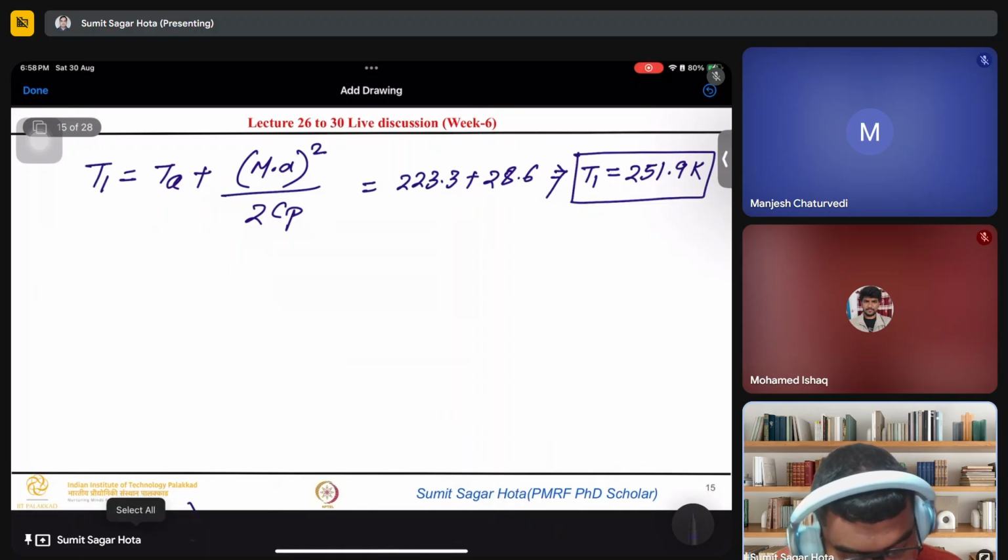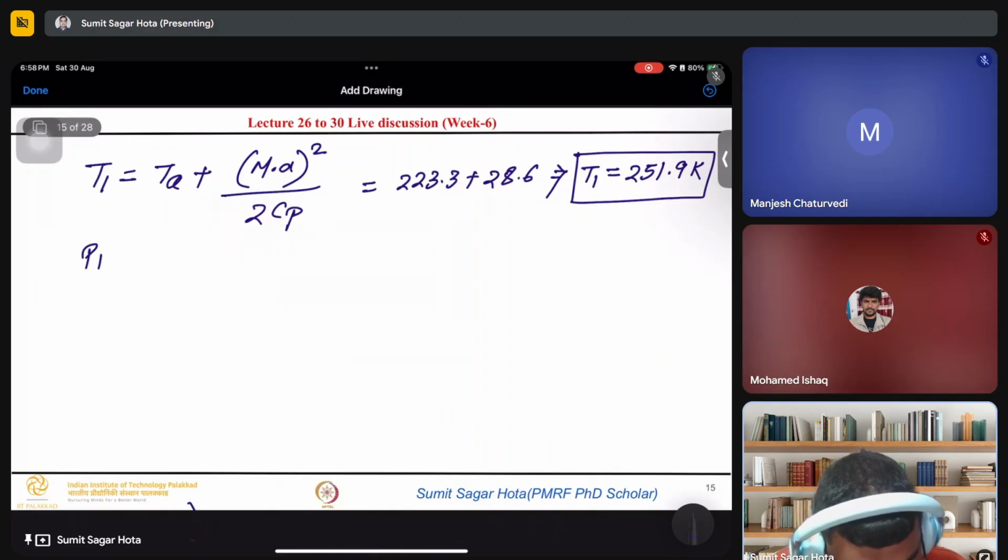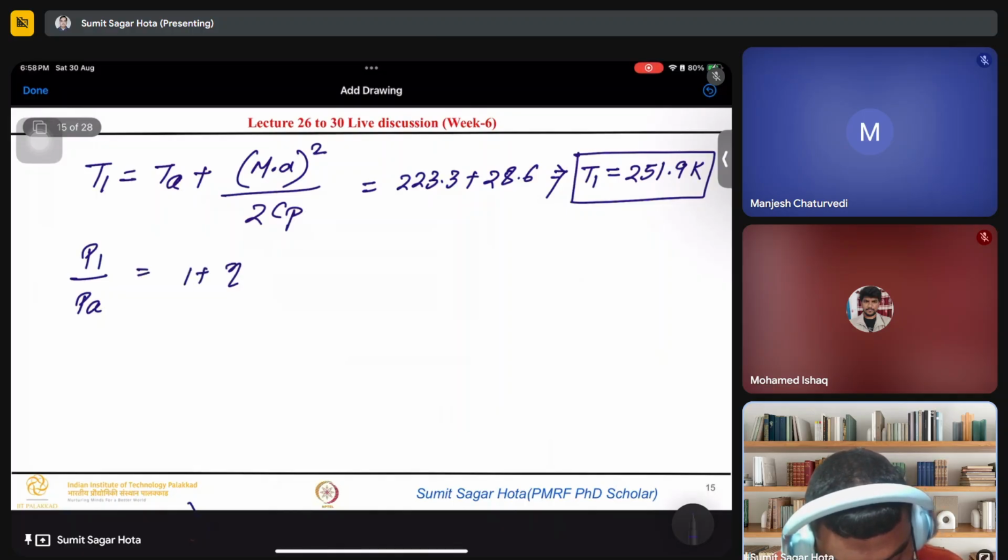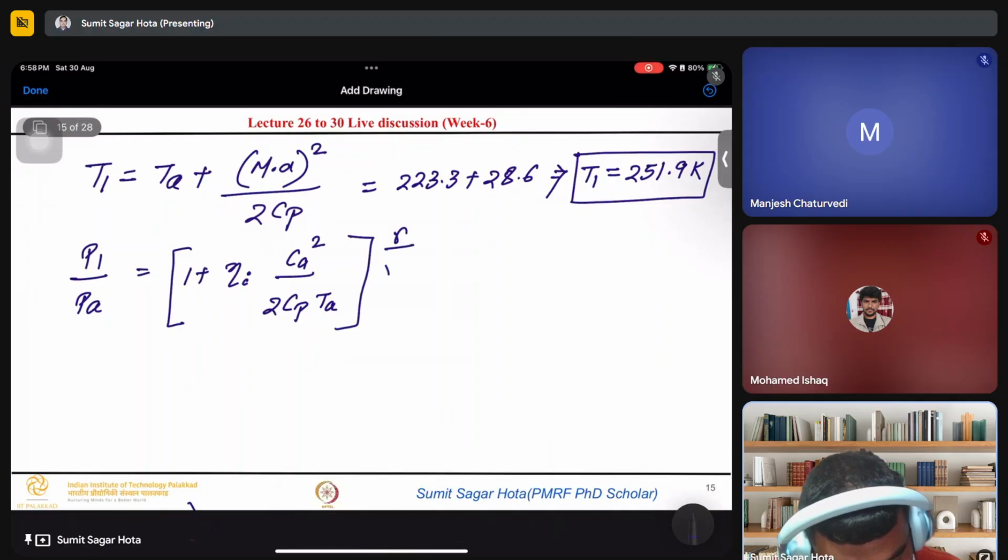Like here you can see T1 and Ta, how I wrote it. Similarly, P1 by Pa is equal to 1 plus isentropic efficiency of intake times Ca square divided by 2Cp into Ta, to the power gamma by gamma minus 1. This is the formula, and it will be applicable for any kind of turbojet engine.